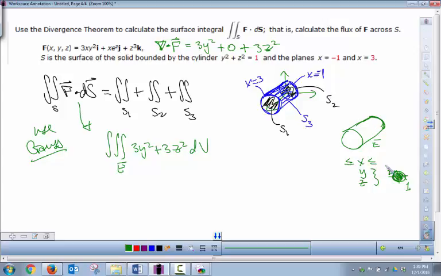So instead of finding limits for the y and the z, which is what I would normally do, I'm going to leave it like that because it's circular, and instead of dealing with y and z, I might just go to polar coordinates with that. But the x still has some bounded limits, but fortunately it has constant bounded limits.